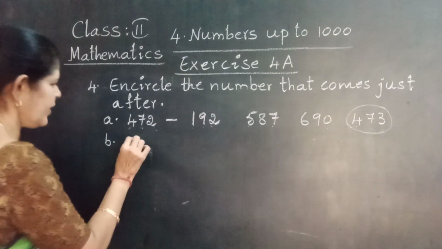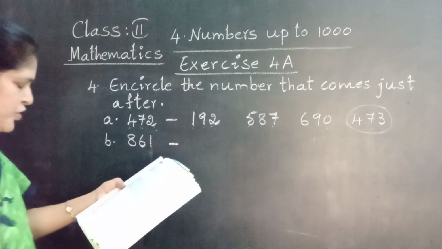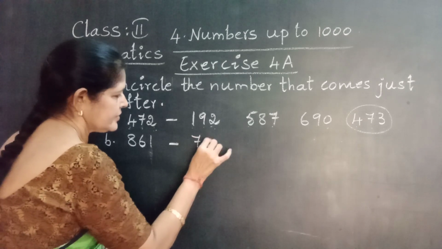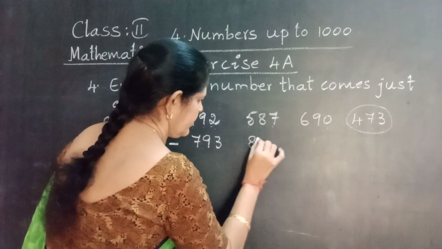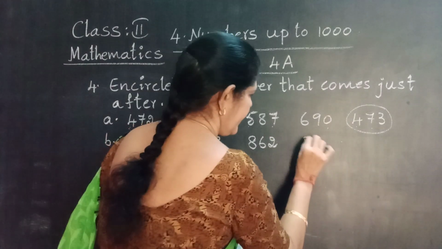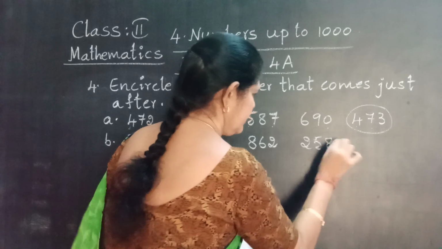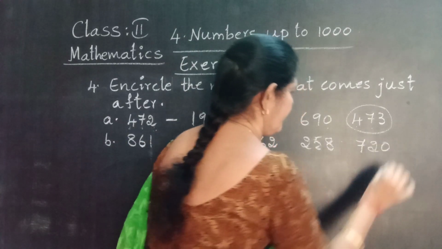What is the given number? Very good. Now read the options. 862. Next. 258. Good. Next. 720. Okay.